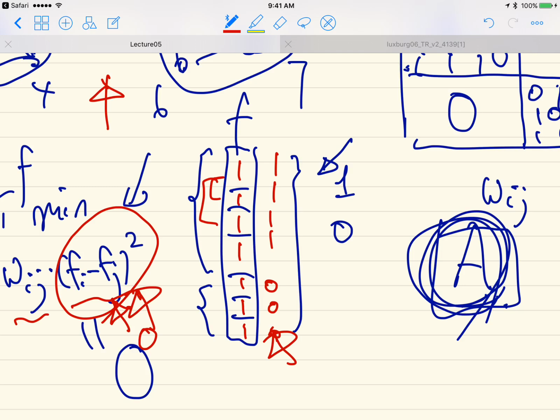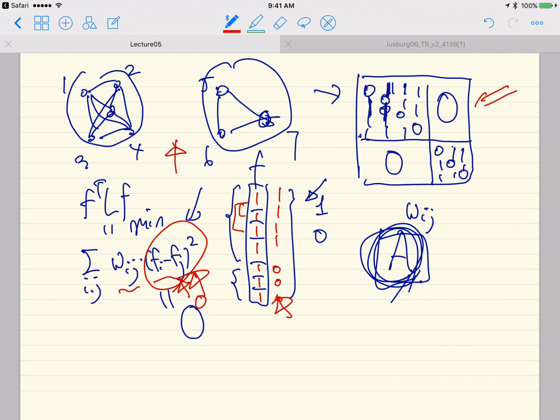But now, since we have this block diagonal structure, let's consider the first node and the fifth node. Clearly the difference between the first and fifth elements is 1, because 1 minus 0, so it creates a 1 squared, which is non-zero.